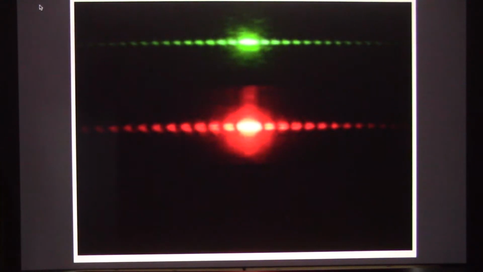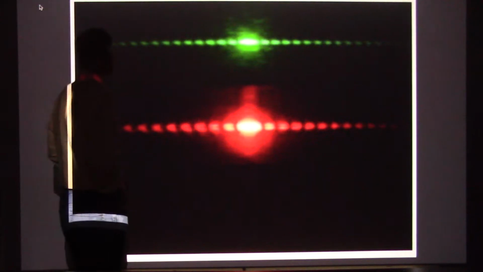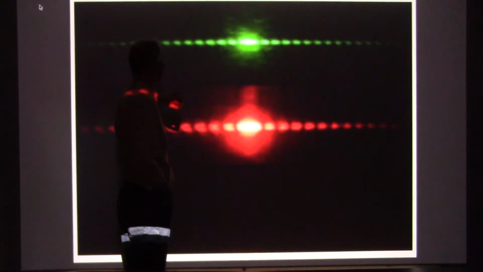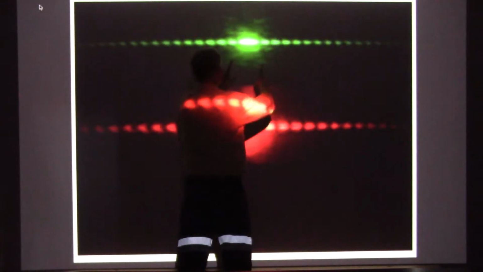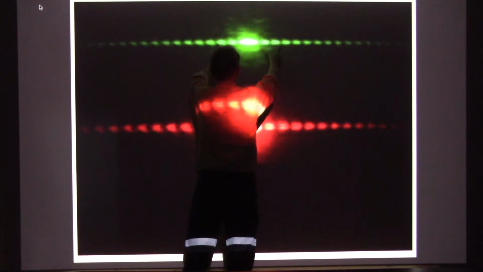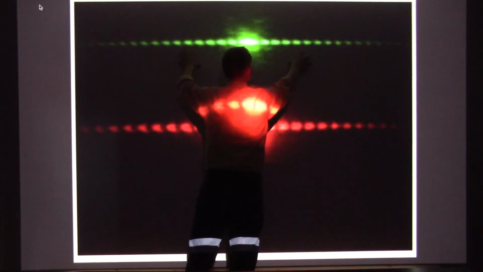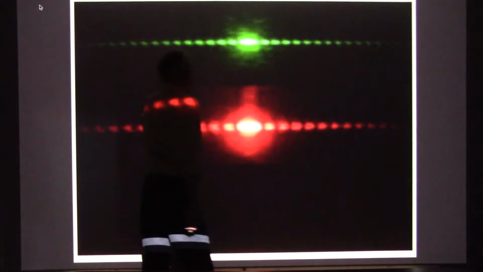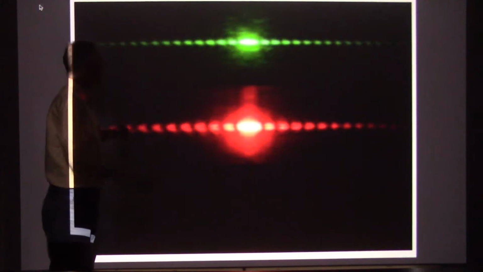These are some pictures of diffraction patterns for light of different wavelengths. What we've got is what's called a central maximum, and then we have these smaller, much lower intensity regions surrounding it.